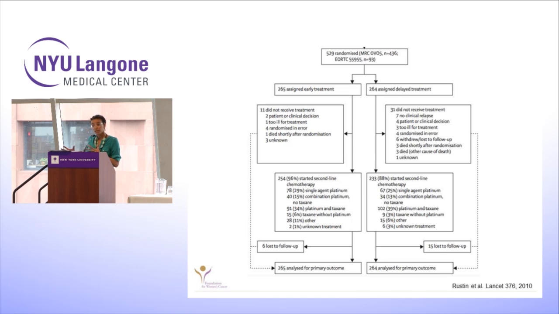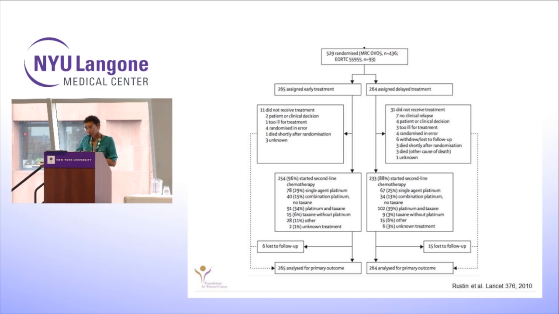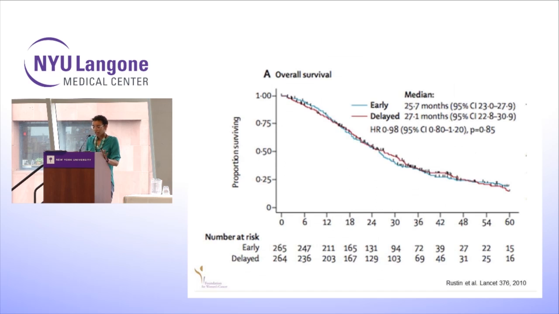When you did have symptoms, imaging was performed, and if there was something there, the appropriate treatment, chemotherapy, was then started. So what happened? This is the survival curve for that study, and you can see the early is blue, the delayed is red. It doesn't really matter because they're basically superimposed, right? So there was no benefit to starting early by checking your CA125.